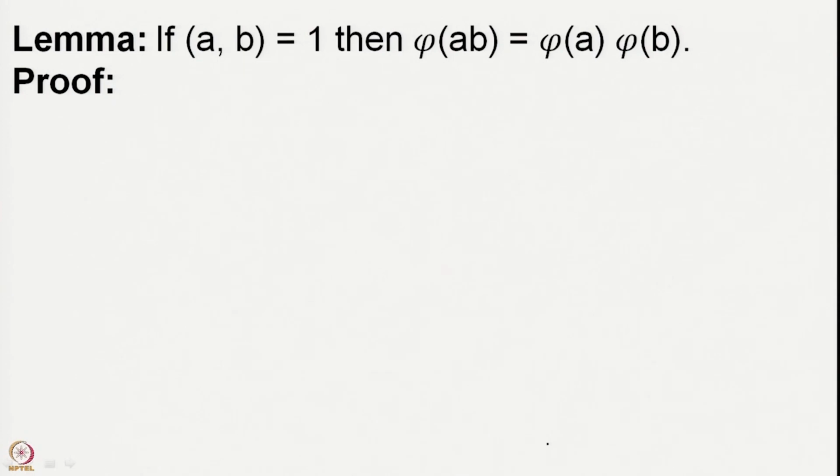Now, to go for a general n, what we have is that a general n will be a product of prime powers. So, if we had a way to go from prime powers to their product, then we would be able to compute the phi value for all such numbers. So, here is the next lemma, which says that whenever GCD(a, b) is 1, then phi(ab) is the product phi(a) phi(b).